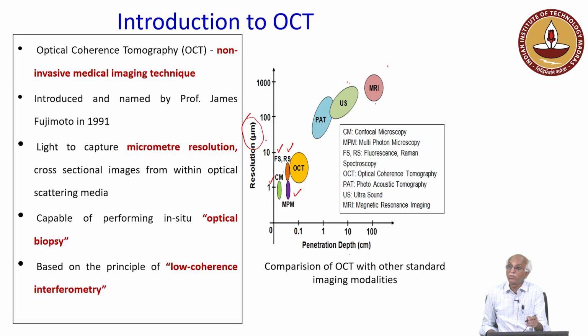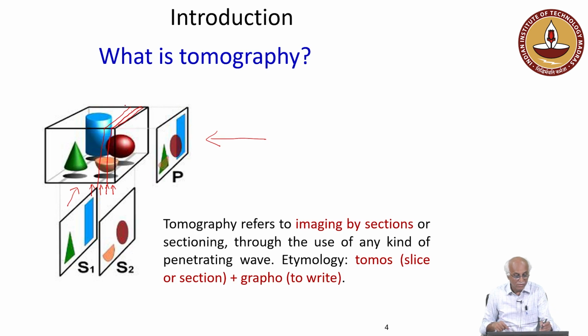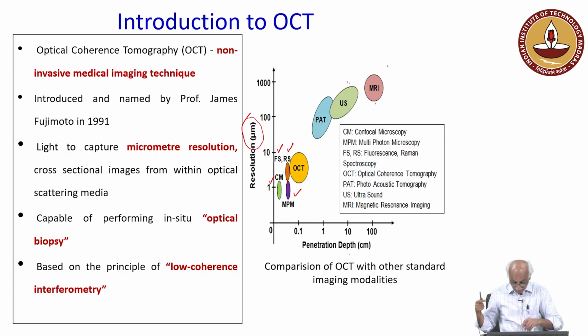Now, what does resolution mean here? It is the thickness of the layer, the minimum thickness that you can capture in terms of information. In the previous part, of course, with my hand, see this thickness: the smaller the thickness you capture, the more and more information you will get about whatever is inside.